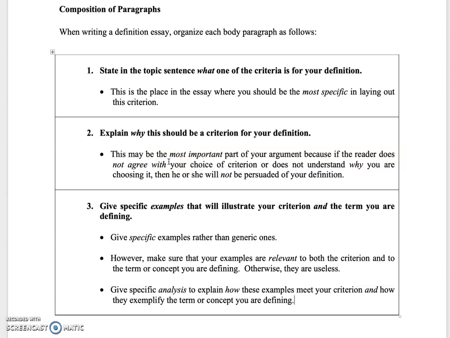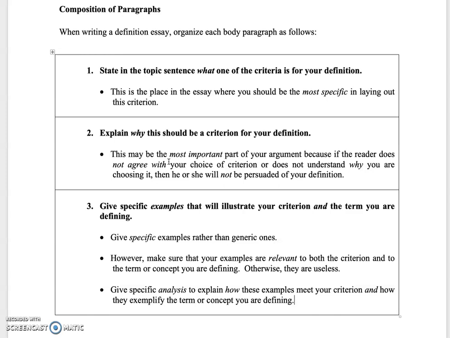But when you think about it, that may be the most important part of your argument, because if the reader doesn't agree with your choice of criterion or just doesn't understand why you are choosing it, then the rest of your argument falls apart, because they don't accept your definition, since the criteria are the meat of your definition. So you need to give a couple of sentences after the topic sentence that explains why this criteria is necessary or just so important to defining this term.